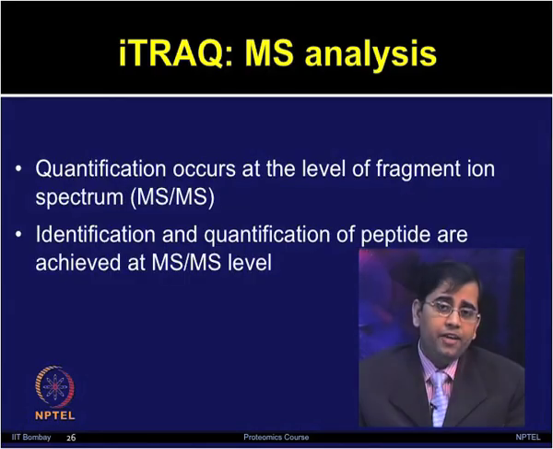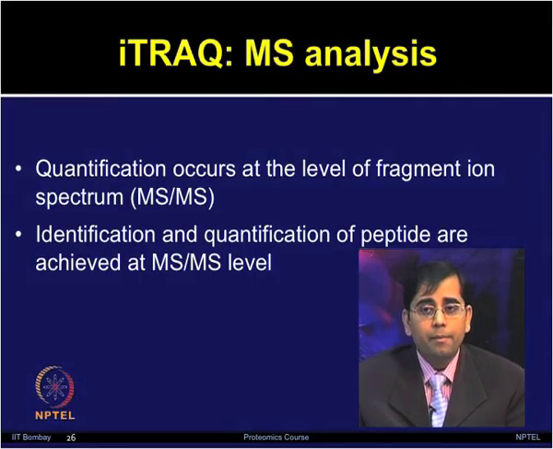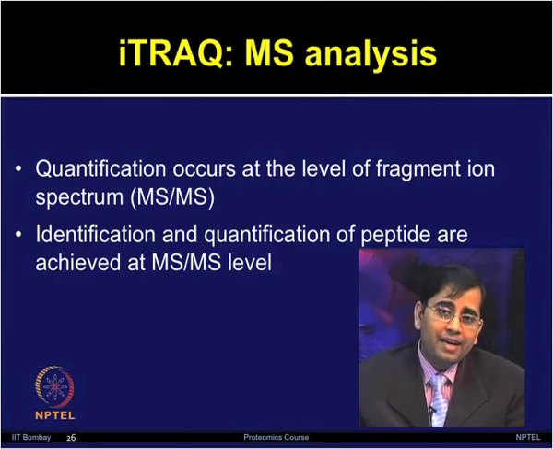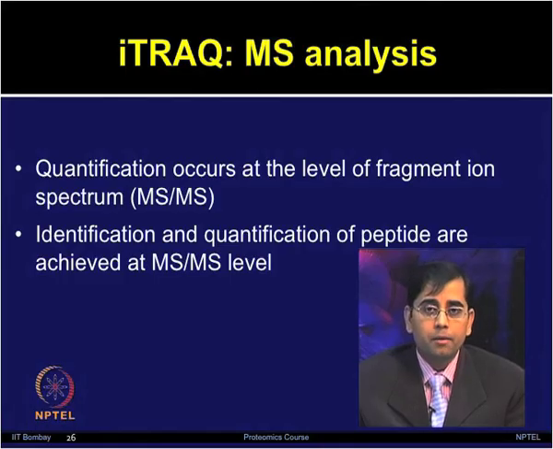So, in iTRAQ the quantitation occurs at the level of the fragment ion spectrum at the MS/MS level. The peptides with identical sequence, but derivatized with different isobaric reagents, are indistinguishable in the MS spectra alone. That is why only during the MS/MS phase can the quantitation happen.